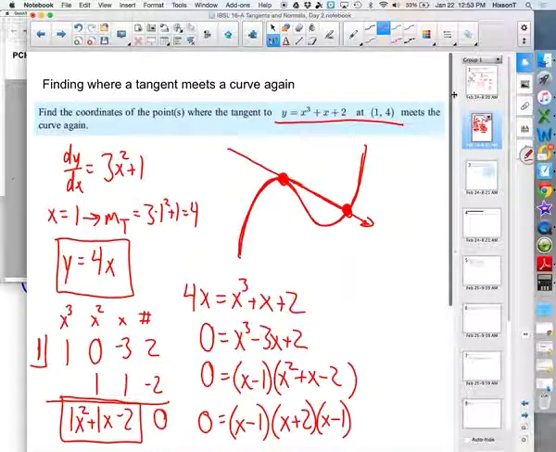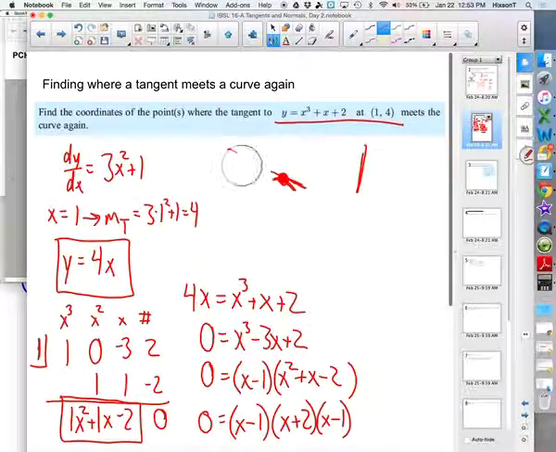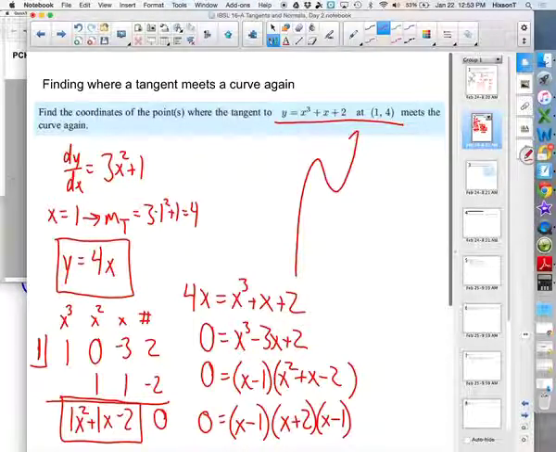So a better drawing of this to illustrate would have probably been something like this. Here's our point (1, 4). Here's the tangent line, which has a slope of 4. Over here is when x equaled negative 2.